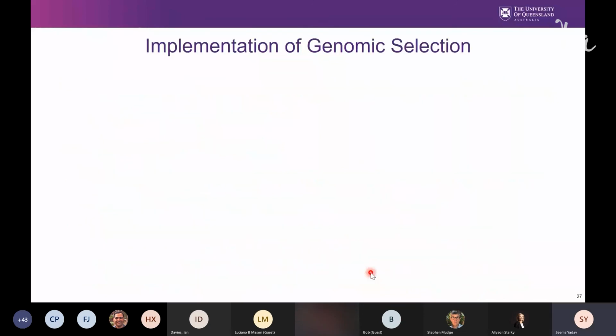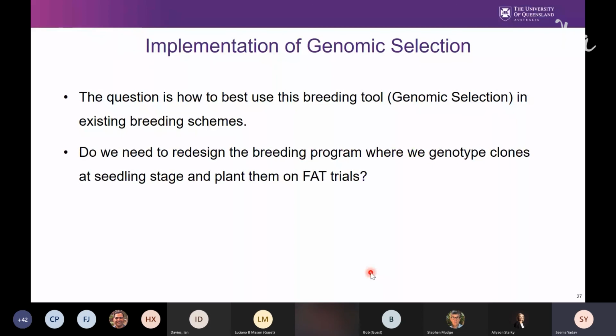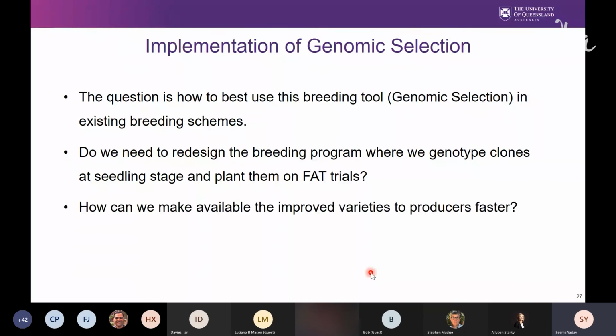But the implementation of genomic selection is still quite challenging, because the bigger question we get is how we can use this breeding tool in the existing breeding scheme. Do we need to redesign our breeding program? Do we just genotype clones at the seedling stage and directly plant them in the final assessment trial?